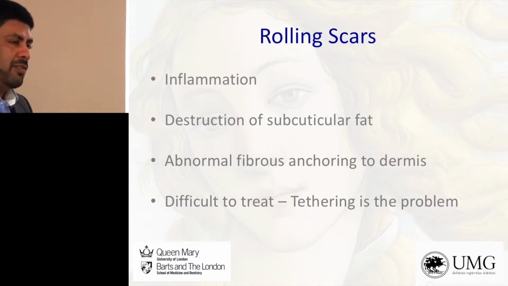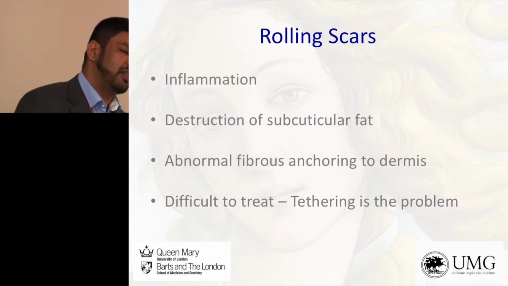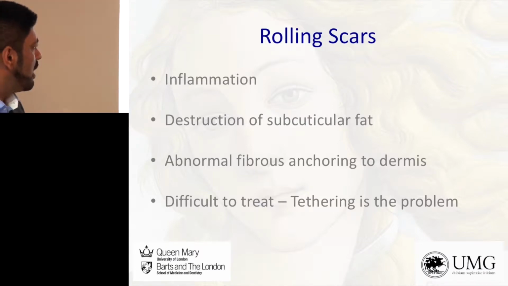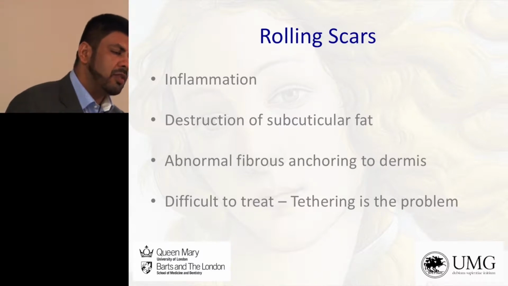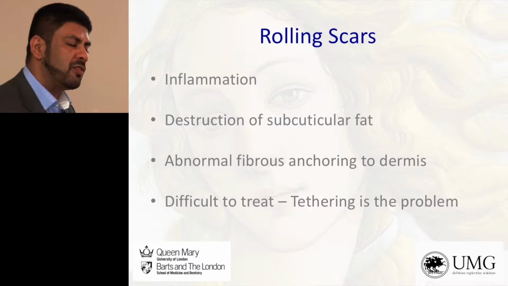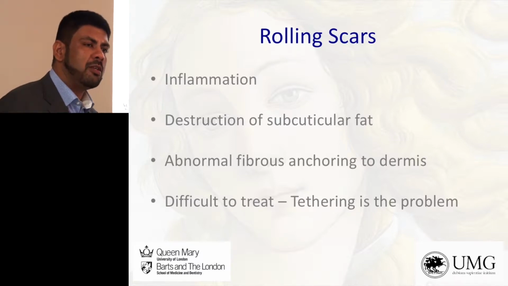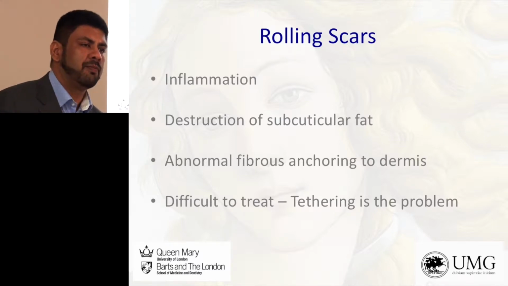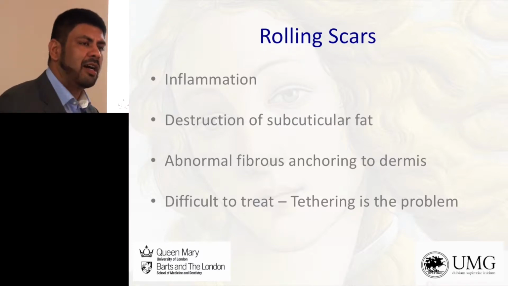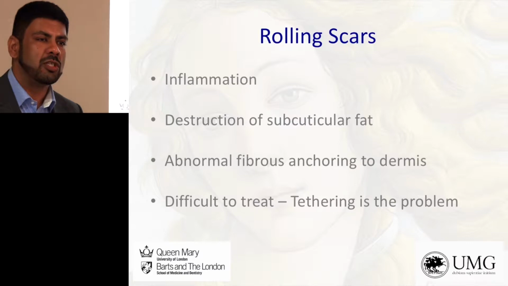With rolling scars, the inflammatory processes that occurred in the acne pathology that caused the scar to form caused disruption to the subcuticular fat and then caused tethering of the subcutis to the actual SMAS. And when that happens, you get these tethered scars that are very, very difficult to manage.